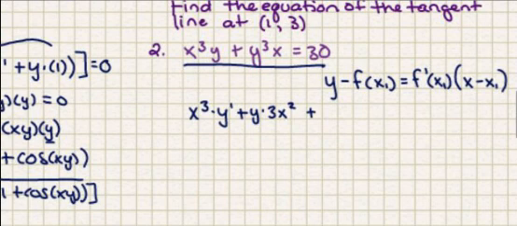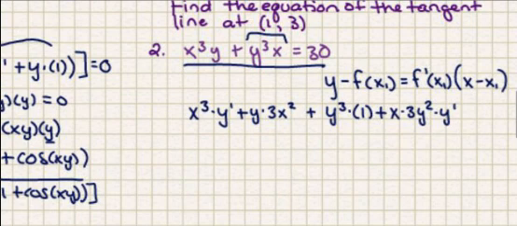And now we're taking the first term for this one, multiplying it by the derivative of the second term, plus the second term multiplying it by the derivative of the first term, is going to equal the derivative of 30, which is 0.